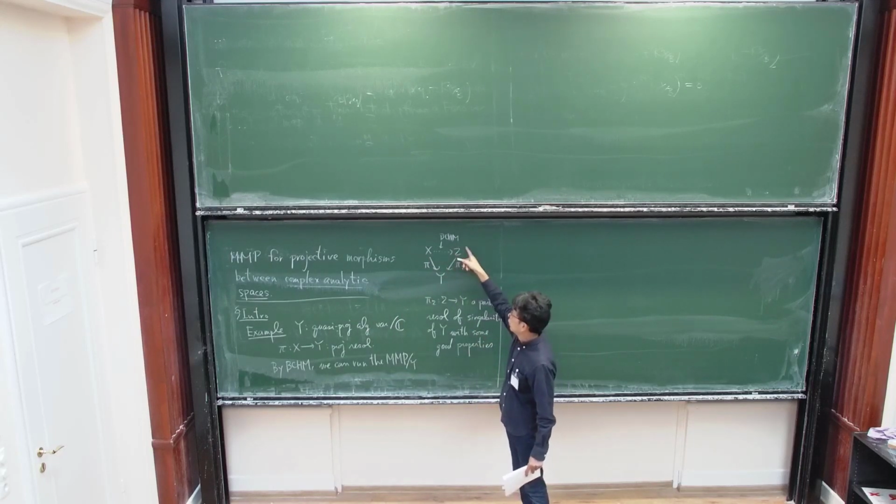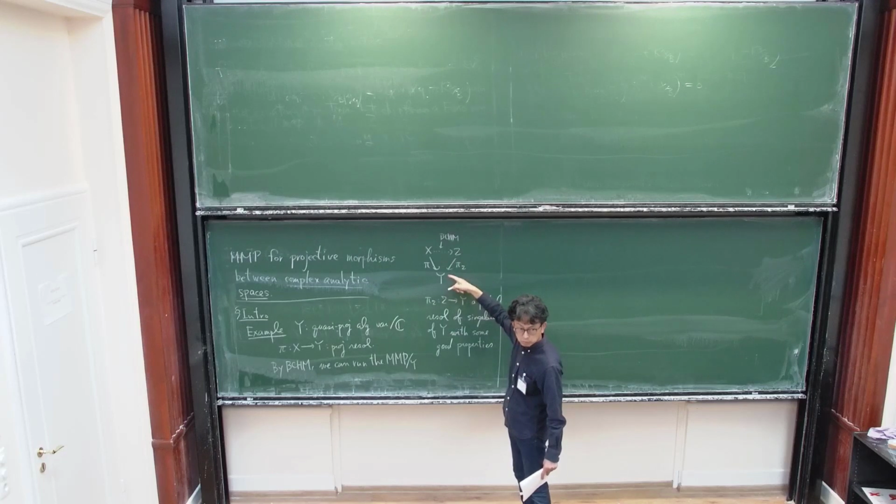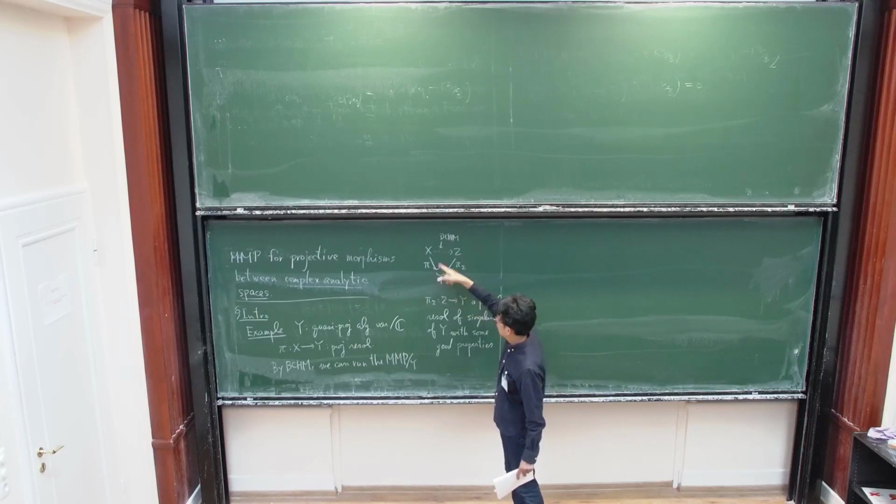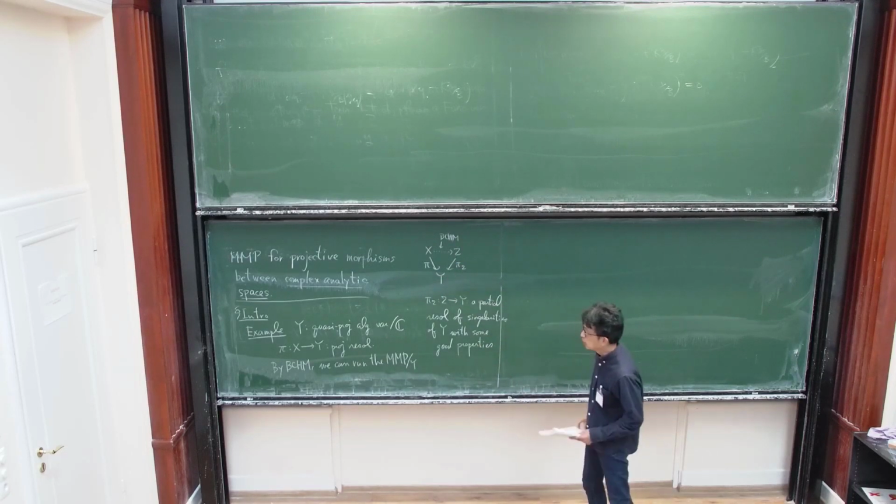But that has only mild singularity, so we can see this map is a partial resolution of singularities of Y. And for the study of singularities of Y, this map plays a very important role in general.